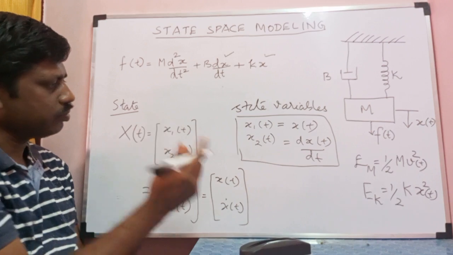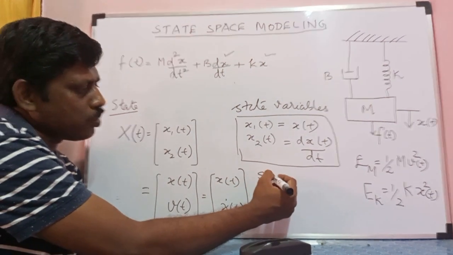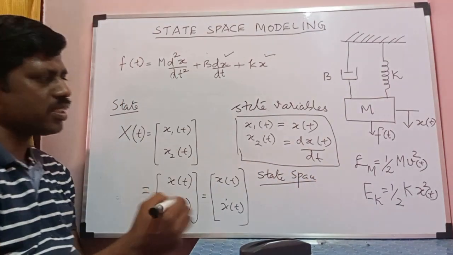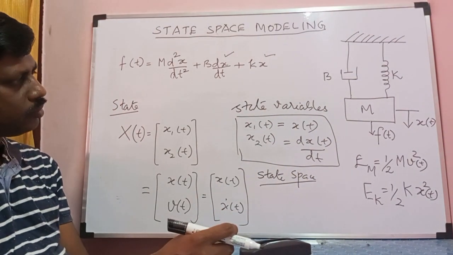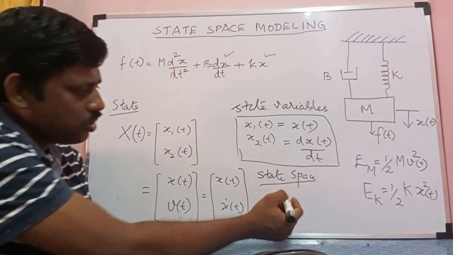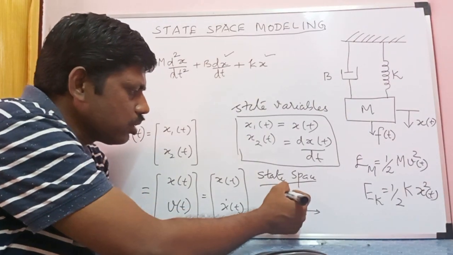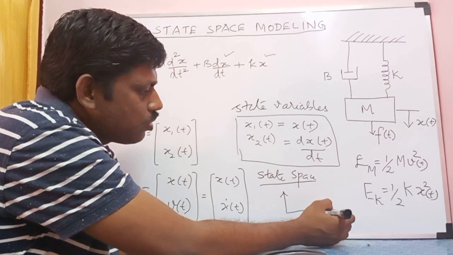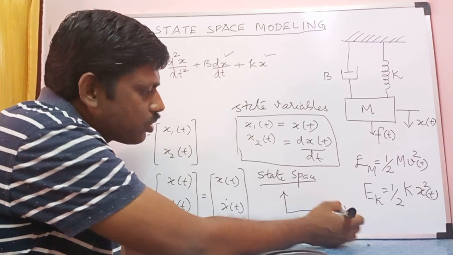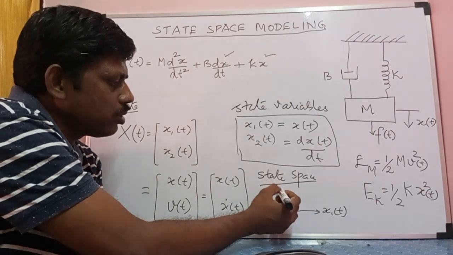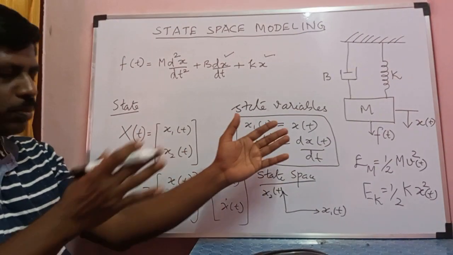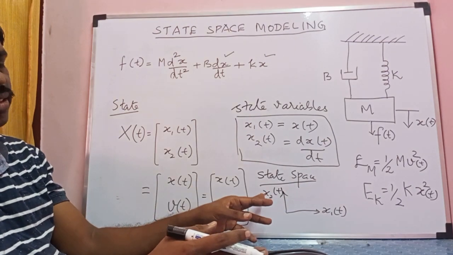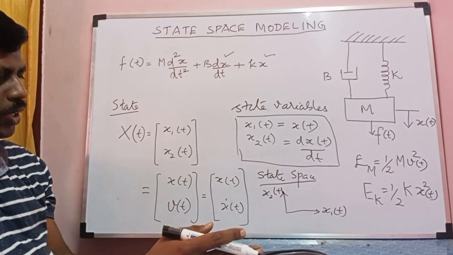Then there is something called state space. State space is a vector space with the state variables as the axes. Here there are two state variables and therefore it is going to be a two-dimensional vector space.